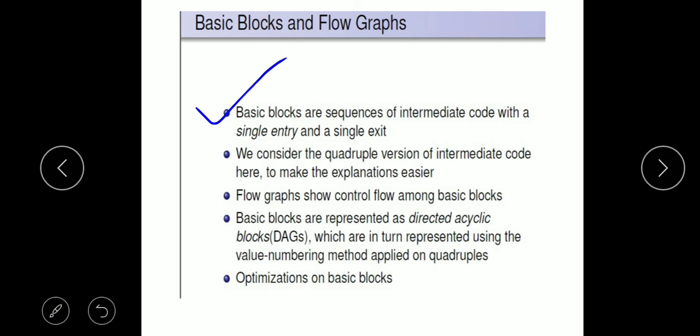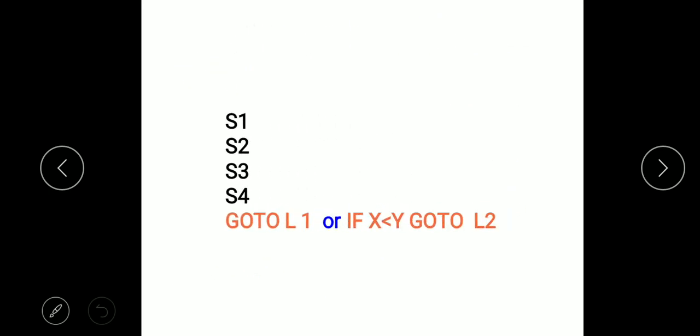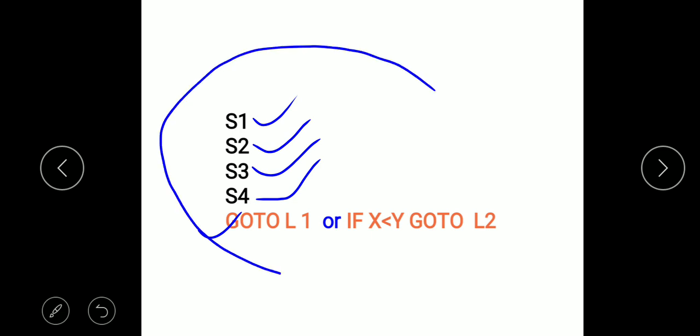So let's try to understand. Suppose this is the given intermediate code, and here we have statement number 1, statement number 2, statement number 3, statement number 4, and statement number 5. If I say this is a basic block, what does it mean?